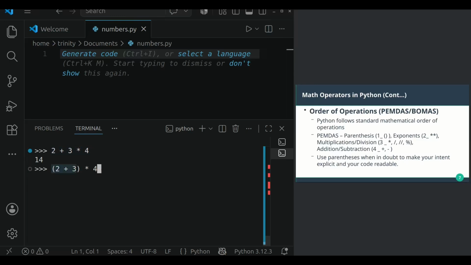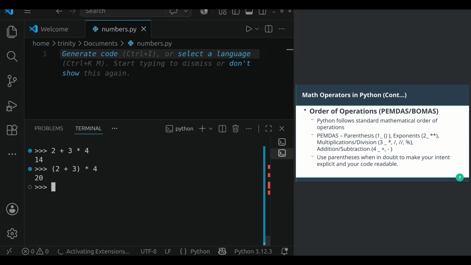But with the presence of the parentheses, this time around, the interpreter is going to execute this first because it executes parentheses before any other operator. So this time around, you have the addition of 2 plus 3, which is 5, then multiplied by 4, which gives us 20, as you can see.